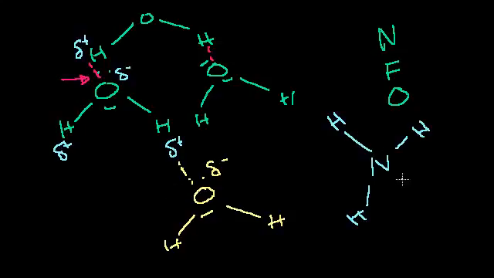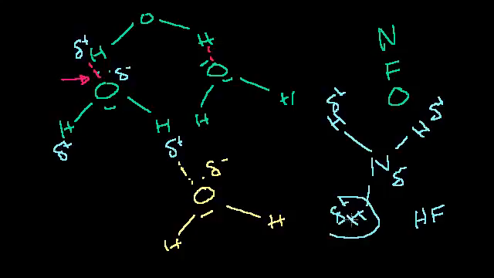All the electrons hang out here, so you have a partial negative charge, and partial positive on the hydrogen ends. Same thing with hydrogen fluoride, HF. You get the same type of hydrogen bonds. And so in this case, these hydrogens would be attracted to the nitrogen part of other molecules, or would form hydrogen bonds. So I just want to get that out of the way.